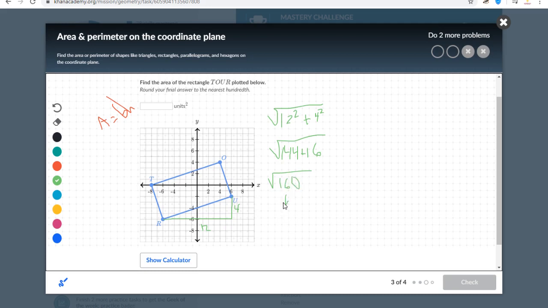Now let's simplify this radical. To do this, we need to make a factor tree of it. So 160. Since 4 is a perfect square and it goes into 160, I'm going to use that. So we got 4 times 40. If we keep going, this can split up into 2 and 2. Then 40, let's split that up into 20 and 2.